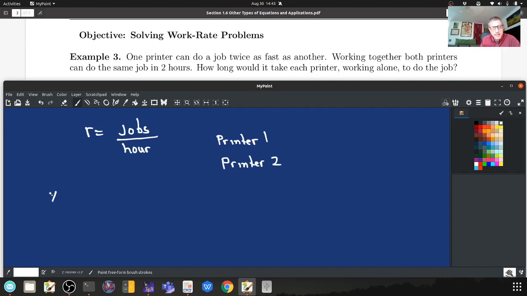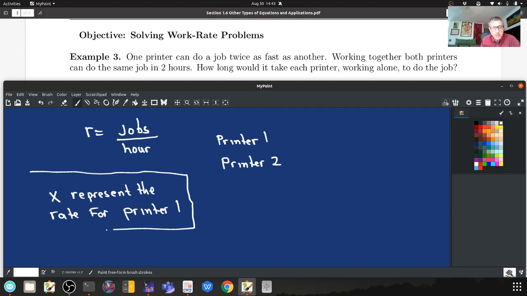Now I'm going to say let x represent the rate for printer 1. You could have chosen printer 2, but I chose printer 1. And why did I choose it here? Because that's what I previously chose.